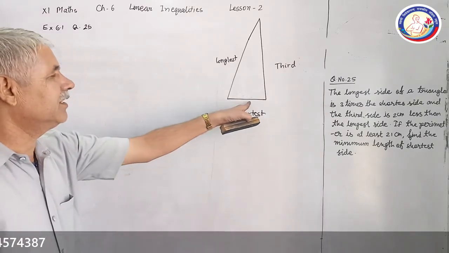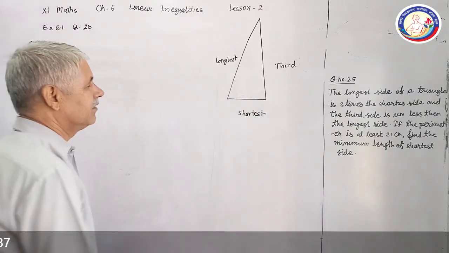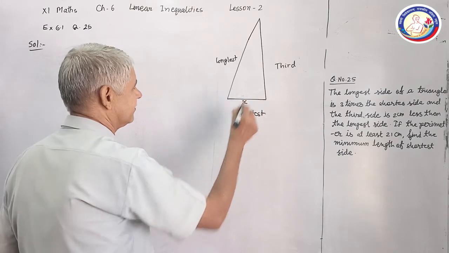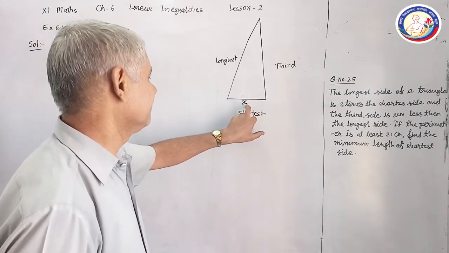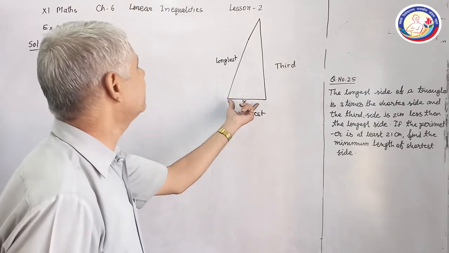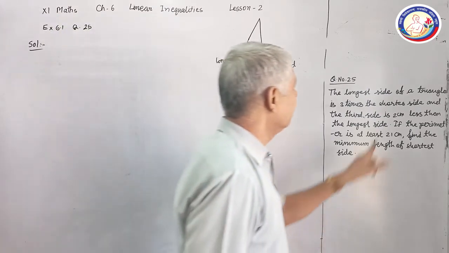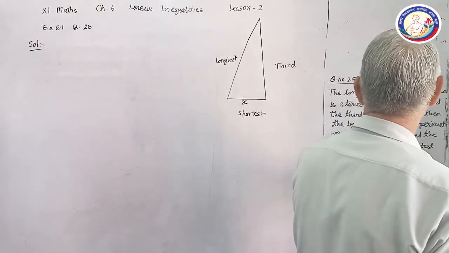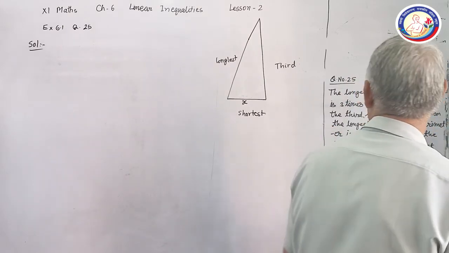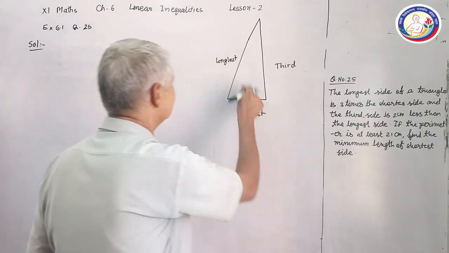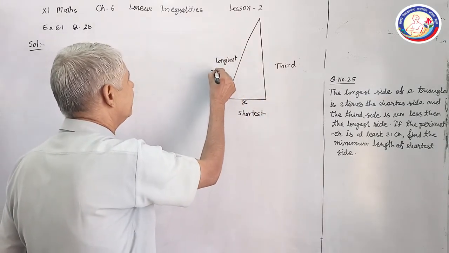So this is the shortest side, consider it as x. Let us suppose that this line is x, its length is x. The longest side is 3 times the shortest side. It means if this is x, then it is 3 times x.